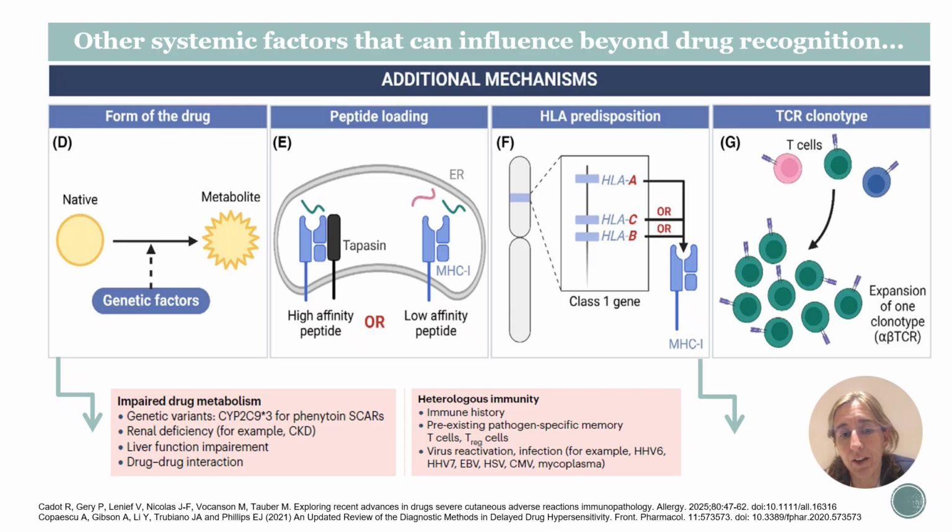Also other factors like the peptide loading process, depending or not on tapasin, in which we have a change on the affinity of the peptide, and also HLA predisposition and the TCR clonotypes and the expansion of certain clonotypes. It's also influencing the pathogenic mechanism beyond the drug recognition itself, and this is extremely important.